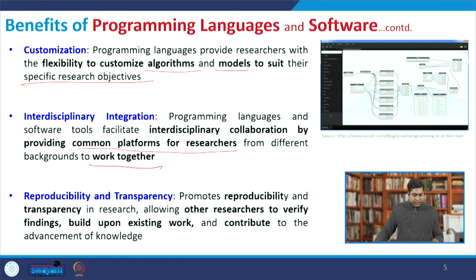Coming to the next point, which is of the reproducibility and transparency. So whenever you use certain software or program, especially for the programming, if you have followed the rules and if you are able to make the algorithm correct, so even if that particular programming algorithm is used after a certain time and you have the same data set, your result will be same.